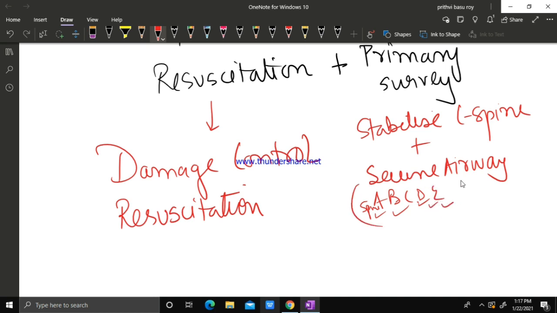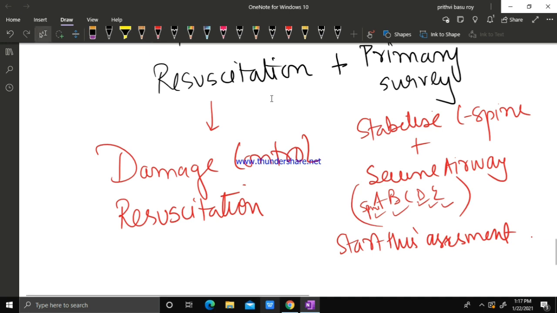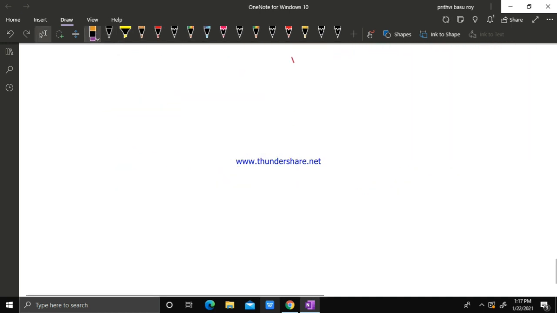All has to be done simultaneously, A followed by B followed by C followed by D. You have to start the assessment. So you have started your damage control resuscitation and you are surveying the patient. Do not waste time on the survey and keep the patient bleeding, unresuscitated and unstable. You may lose the patient in that case.